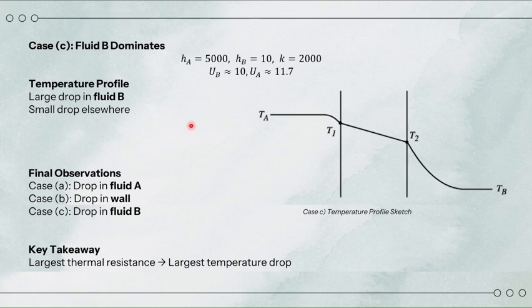Fluid B dominates, and there is a large drop in fluid B. To sum it up, the largest resistance always causes the largest temperature drop. We are done with this numerical also.